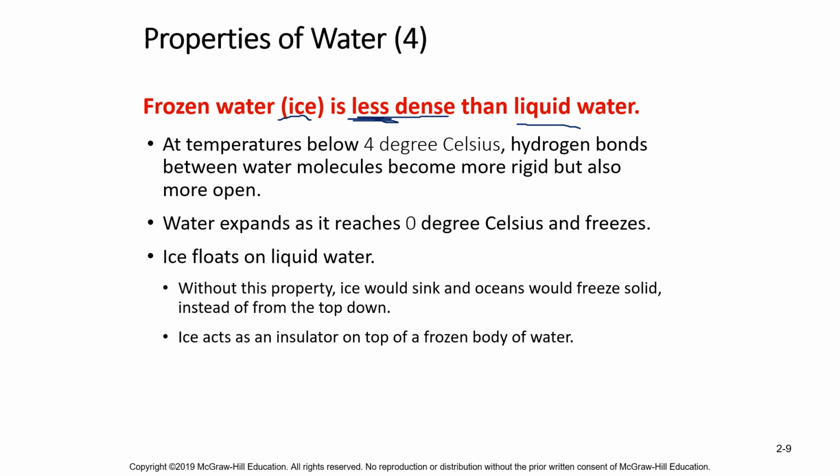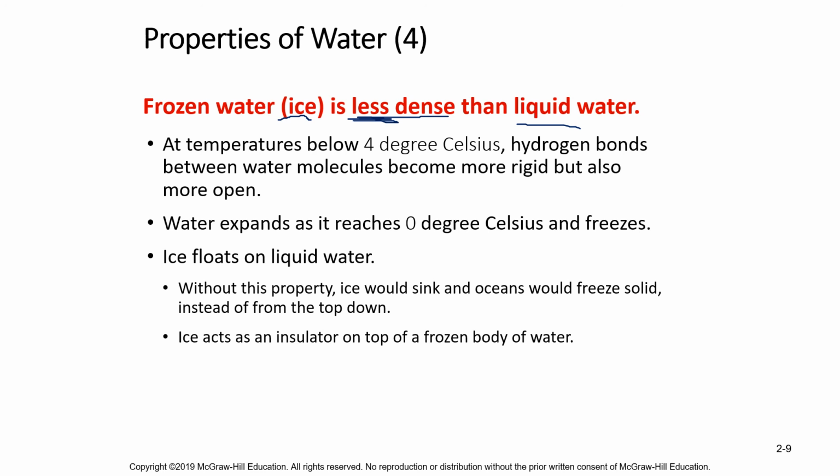When they freeze from the top down, that top layer of ice behaves like an insulator, and the water underneath that ice stays warmer and does not freeze. If ice sank, those bodies of water would freeze from the bottom up. There would be no insulation, so there would constantly be liquid water exposed to the cold air, which would create more ice.